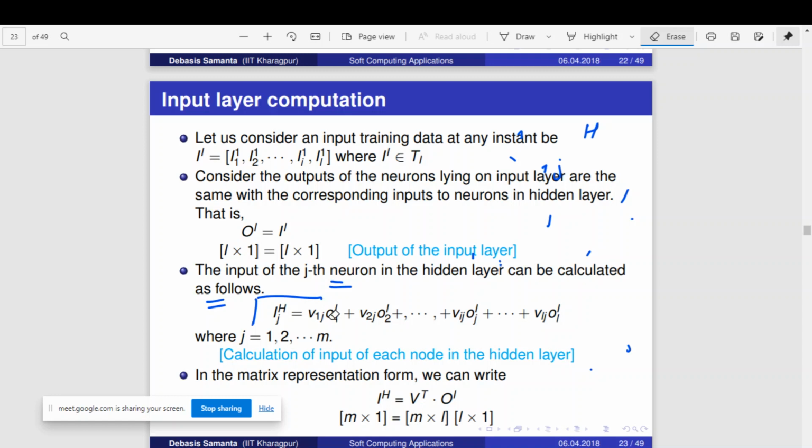IH. So the input for the hidden layer, you consider only the input for the hidden layer. What is the size of that matrix?